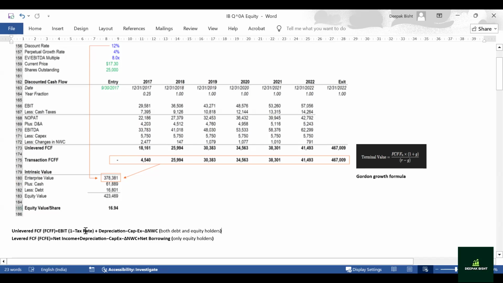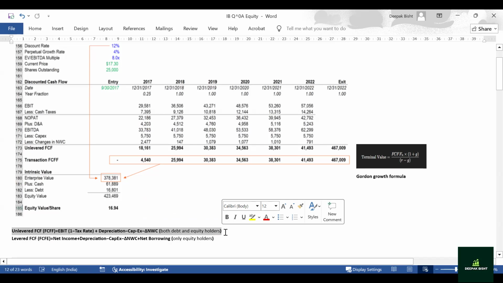Why? Because unlevered excludes interest, and levered includes interest. So we use unlevered free cash flow during the DCF.